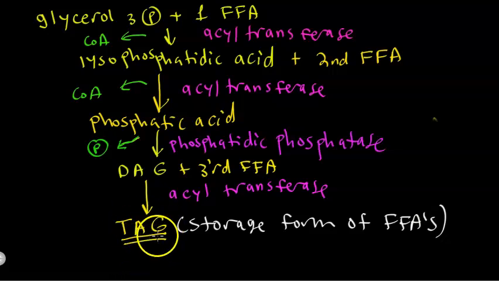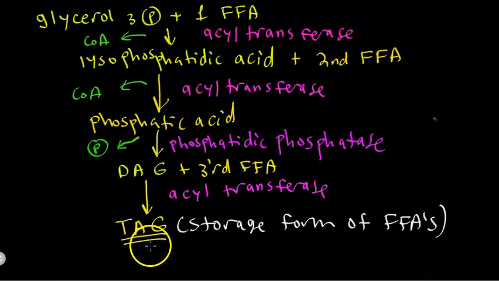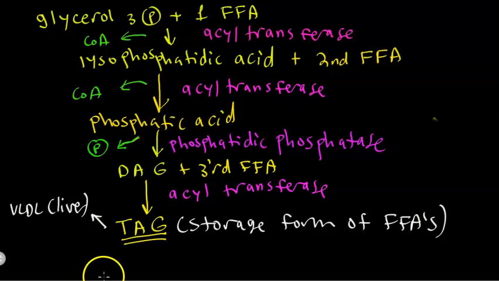It can be used later when we need to for energy by being mobilized back to free fatty acids, for example, in adipose tissues. It can also be converted into VLDL. So this triacylglyceride can be packaged into VLDL in the liver so that it can be stored as triacylglycerides in the adipose tissue.